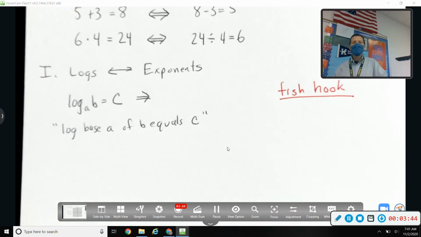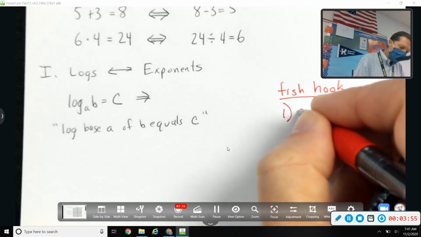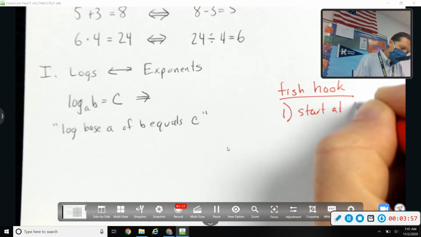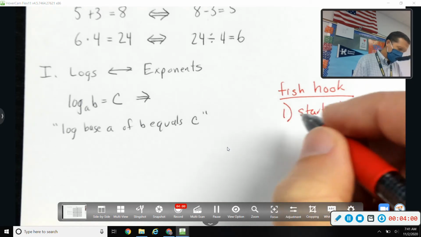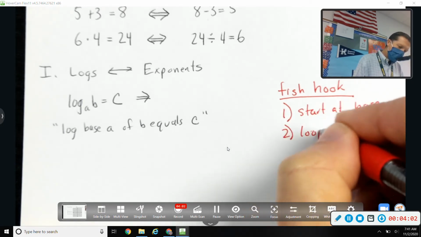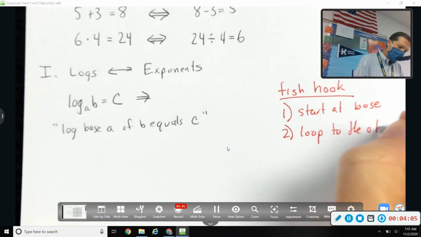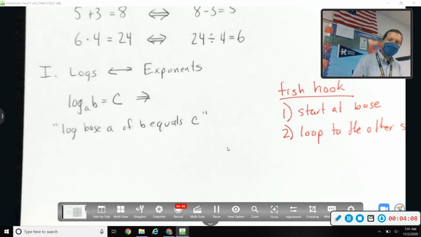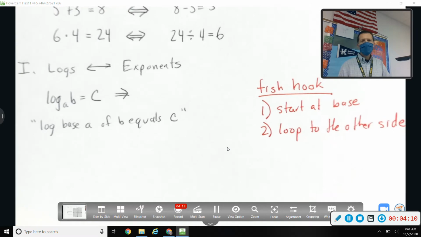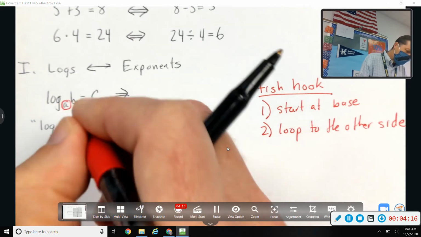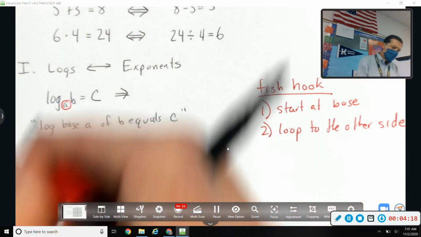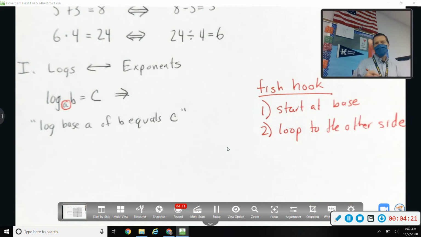And my favorite way to do that is with a fishhook. Have you heard of that before? Seen that before? No. Well, start at the base. Loop to the other side. So the base is A. Then we're going to fishhook around, or some people call it the loop-de-loop method.